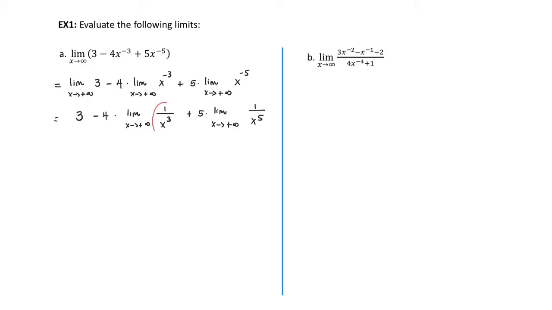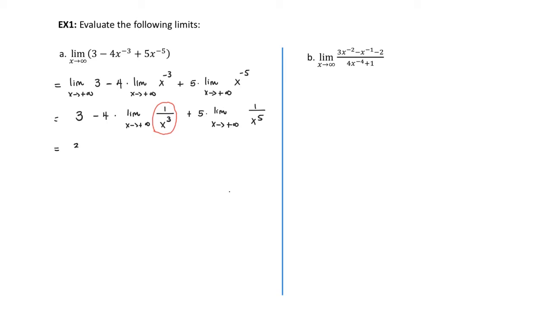The limit as x goes to positive infinity of 1 over x to the third. You can try to remember the rules, but think about it intuitively. Think of the graph of x to the third. As x gets very, very large, x becomes 1,000, 10,000, 1,000,000. X to the third is growing even faster, getting even larger. So 1 over something very, very large is going to be very, very small. So this limit is going to go to 0.